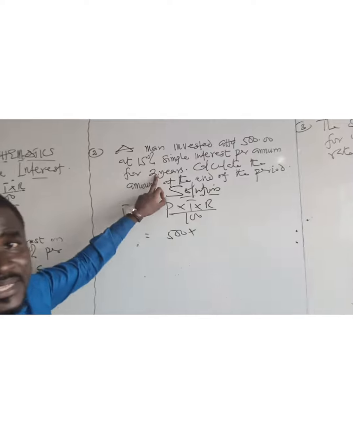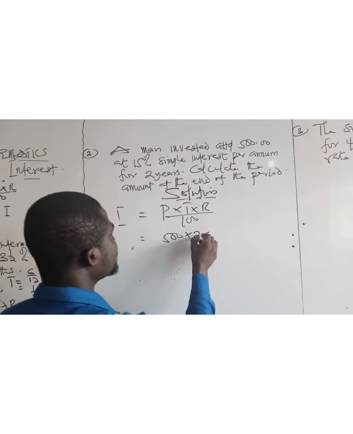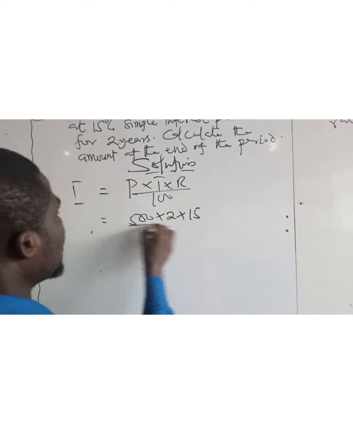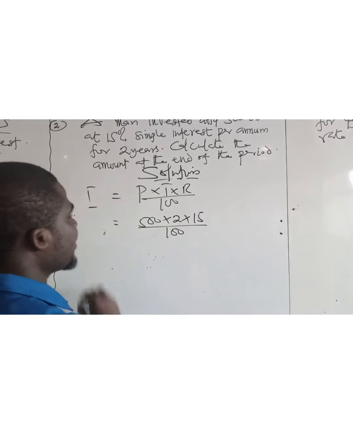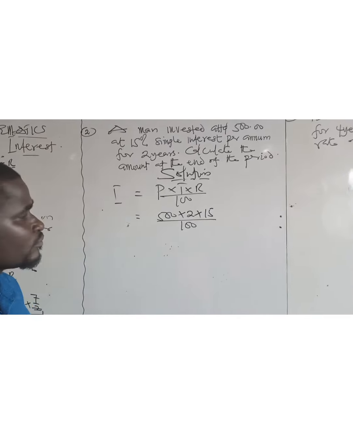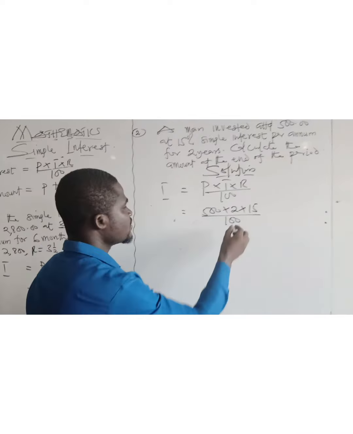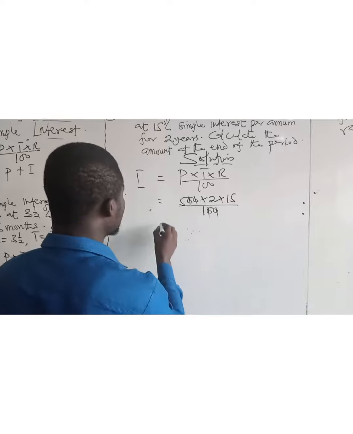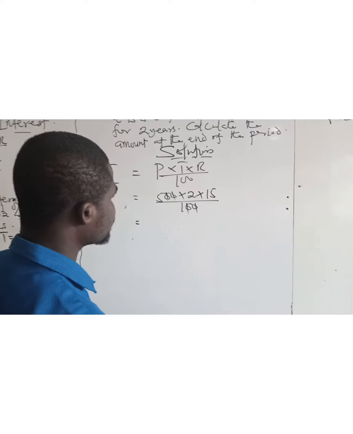We have 2 years, times 2, times 15. That is the rate, all over 100. Let's cancel. 0 cancel 0. 0 cancel 0. Good.